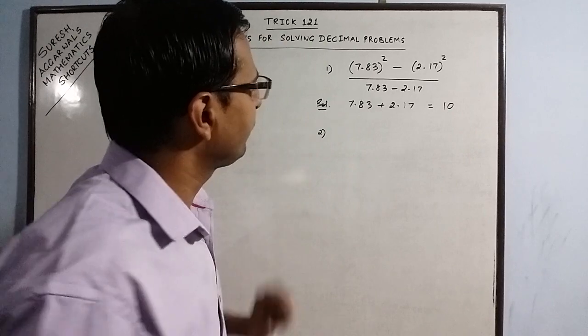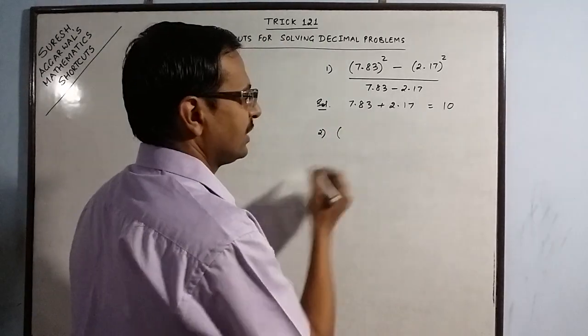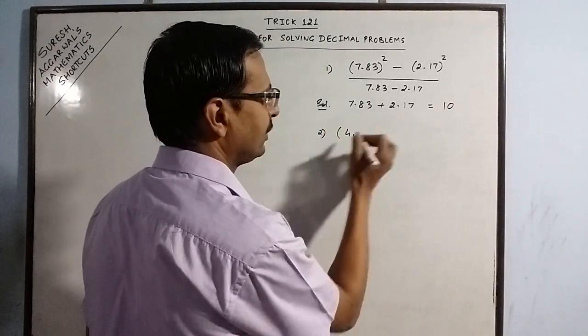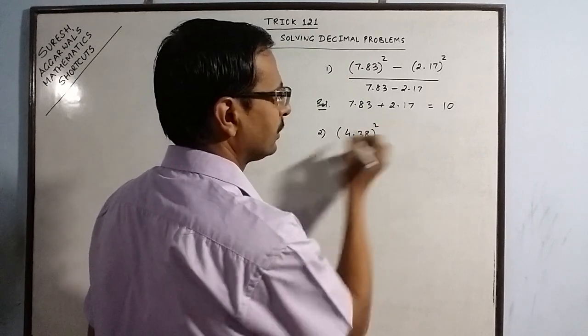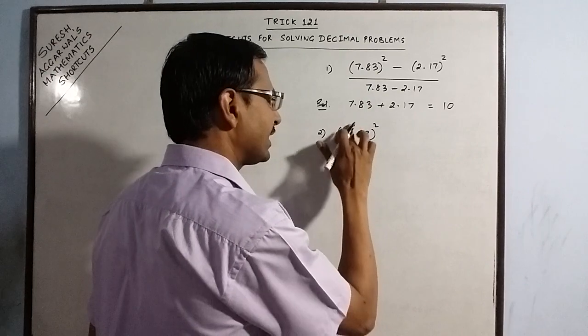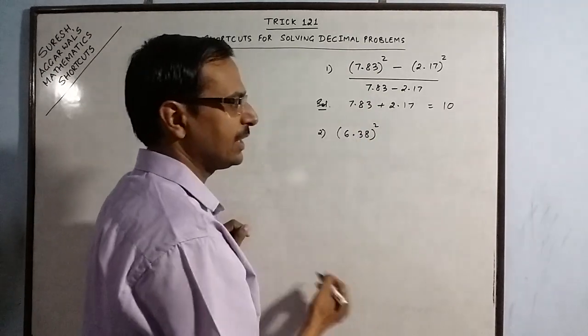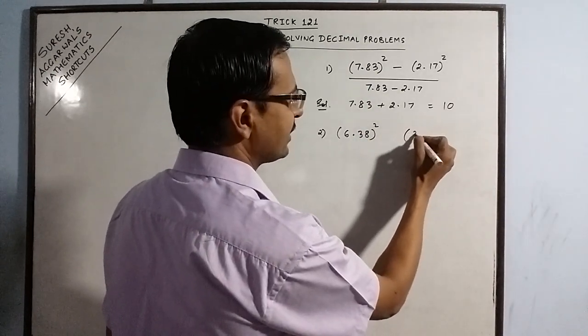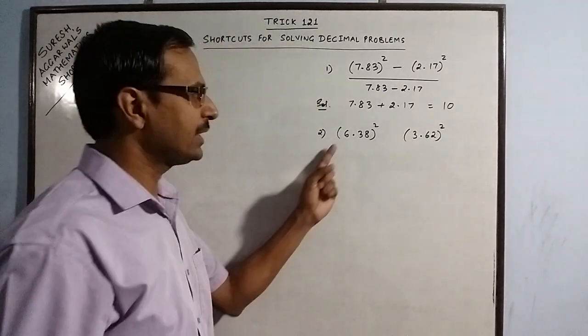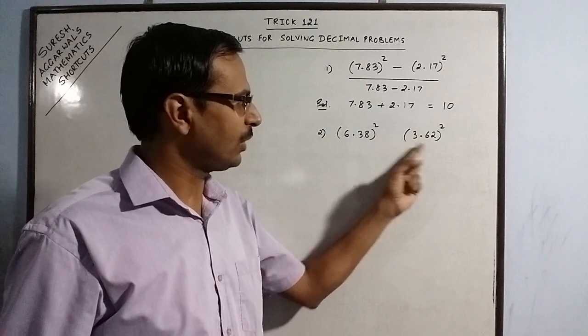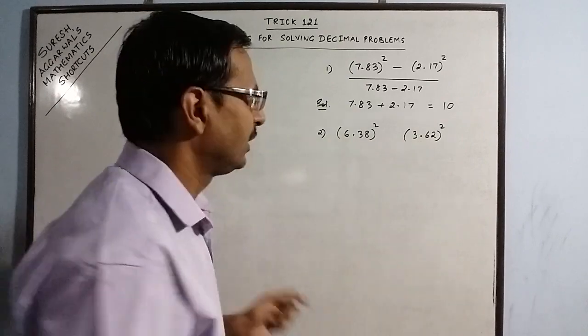Likewise, you can have some more questions, say 4.38 whole square, or we can take a little bit higher term, say 6.38 whole square, minus 3.62 whole square. Now again you see the sum of these two bases is 10.